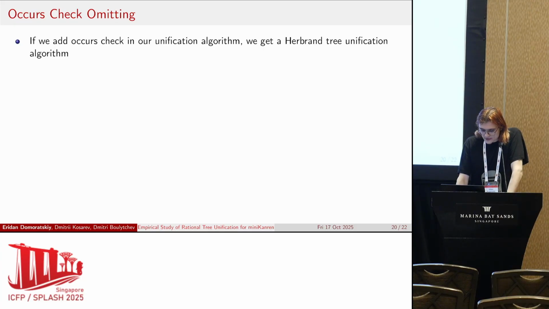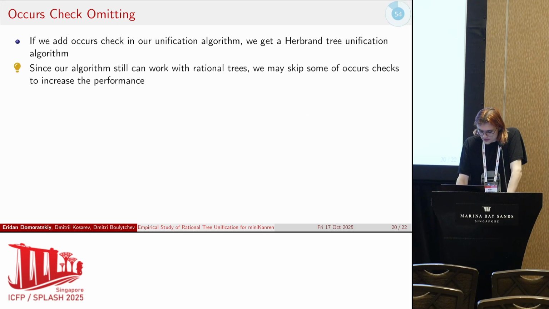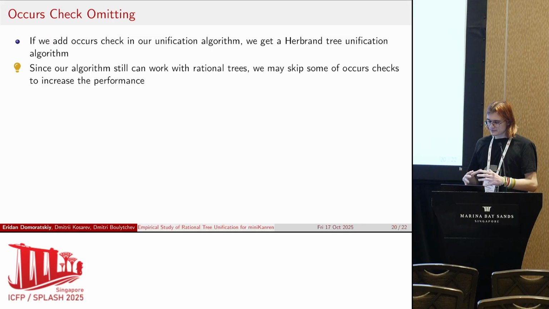The key point here is that if we have an algorithm that doesn't hang on recursive terms, we may consider a different unification that works only with finite terms, but doesn't do an occurs check on every step, because we may work with not only finite terms.